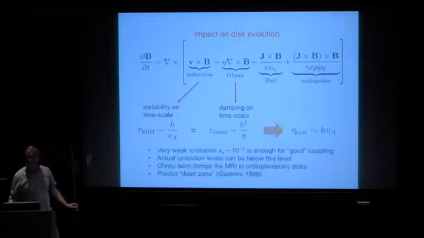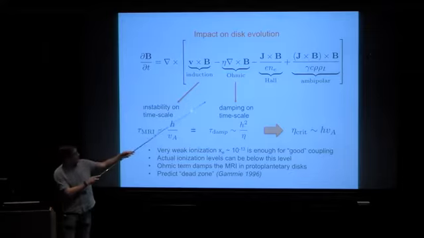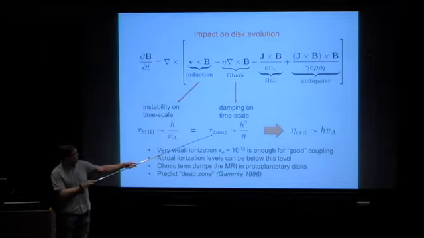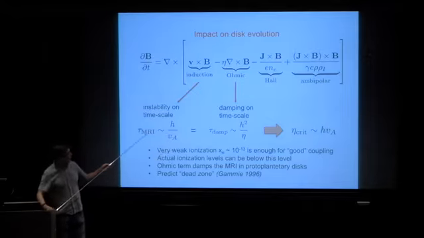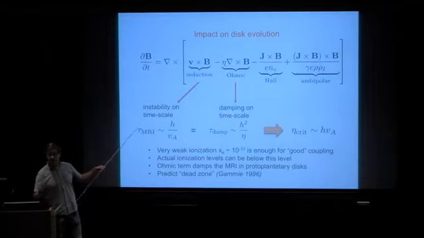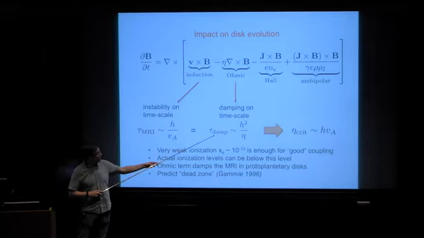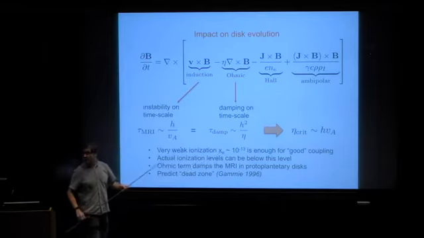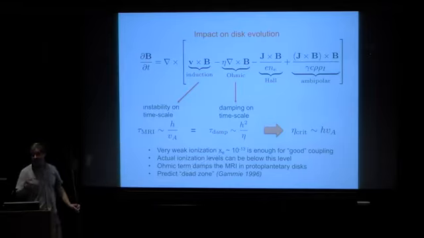From the point of view of an approximate argument, the non-ideal term, the ohmic one we're considering here, will become important if this timescale becomes short compared to the other timescale. The critical situation is when they're equal. So we set these timescales equal, and that amounts to a condition on the resistivity, which is just h times V_A. Another way of saying that is that it's about the magnetic Reynolds number.